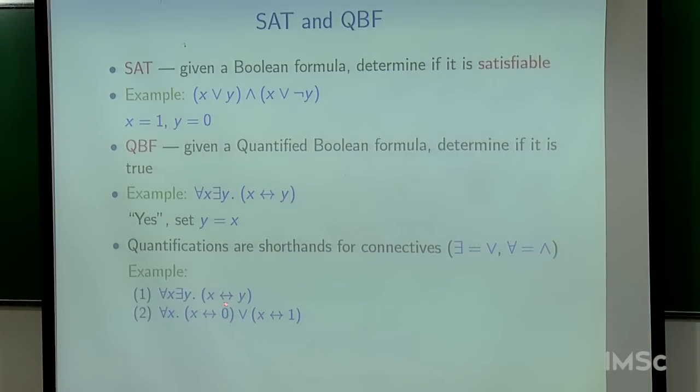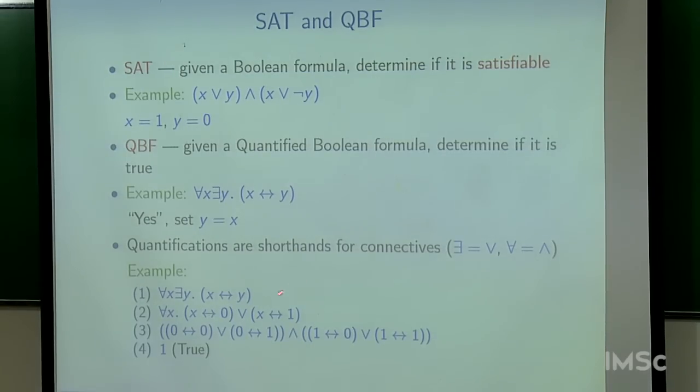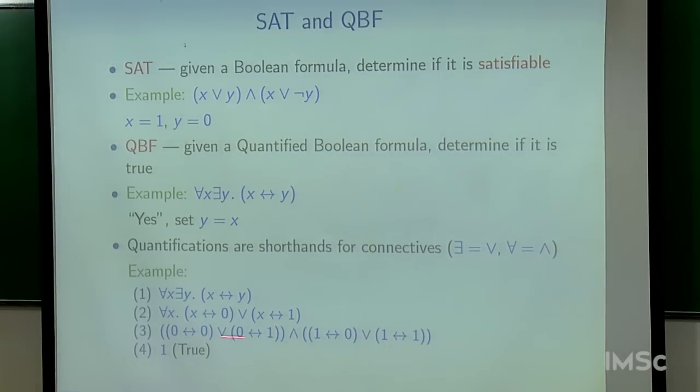Likewise, for the universal quantifier over x, we take substitutions for x as 0 and 1, and then take the conjunction. Since we've quantified everything, here in closed prenex form, we get constant values when we expand. So we can evaluate this to true or false, and here it is true.